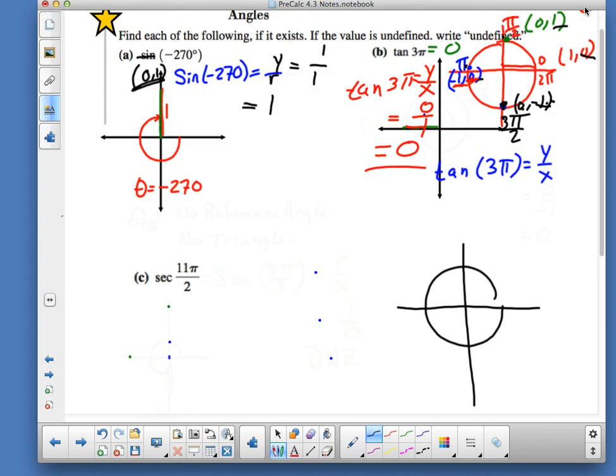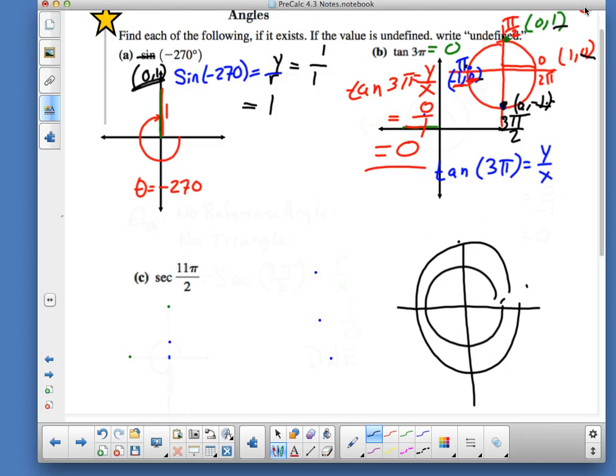Remember, one rotation is 4 pi over 4. 2 rotations, 8 pi over 4. Okay? Now I've got 3 pi. I've got 8 pi over 4, so I got 3/4 of a rotation left. Okay? Which is 11 pi over 2.